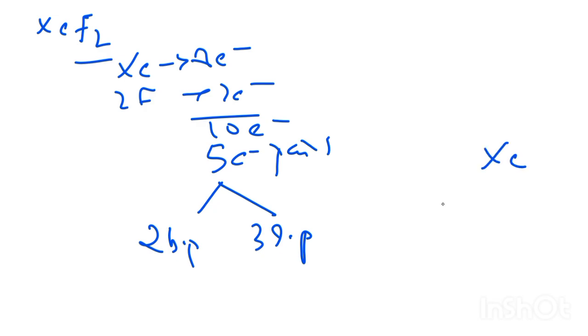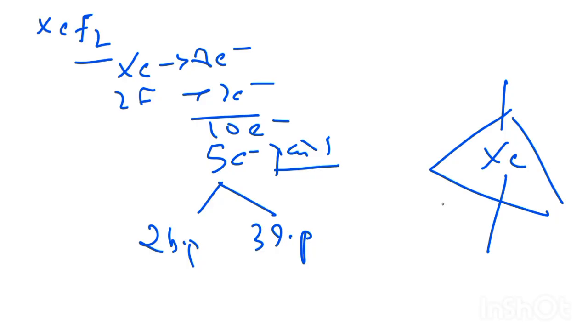Since there are 5 electron pairs, it is trigonal bipyramidal. Out of this there are 3 lone pairs and 2 bond pairs. Lone pairs always stand in the trigonal plane.